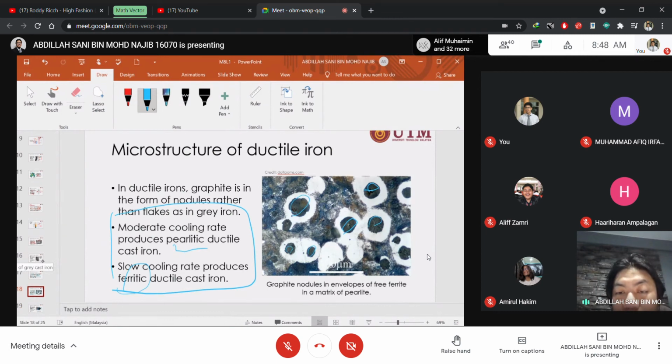So you have this nodule, and for the gray cast iron you have the flakes. The flakes cover more area.